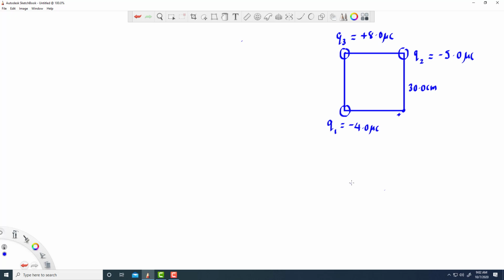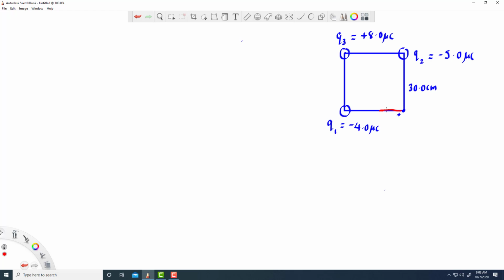You don't need to write it, but just imagine that. That means if there is a small positive charge there, then this charge Q1 will attract this positive charge, because this is negative, so it will attract the positive charge.